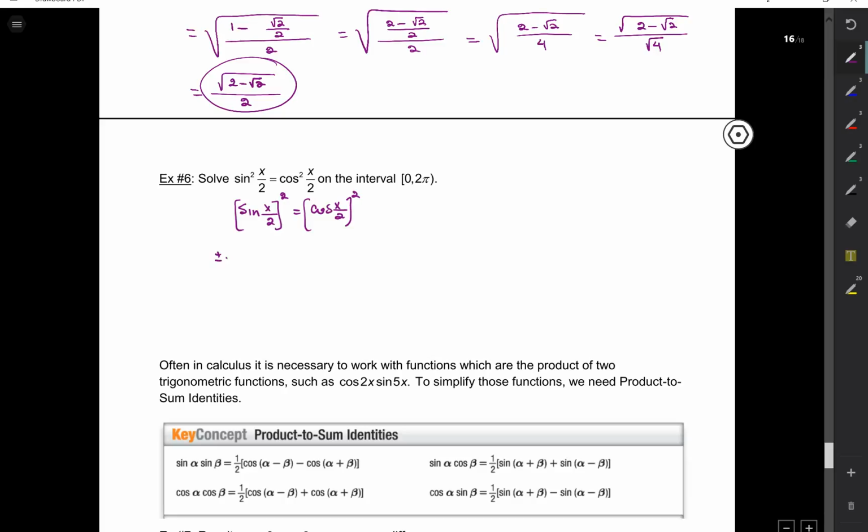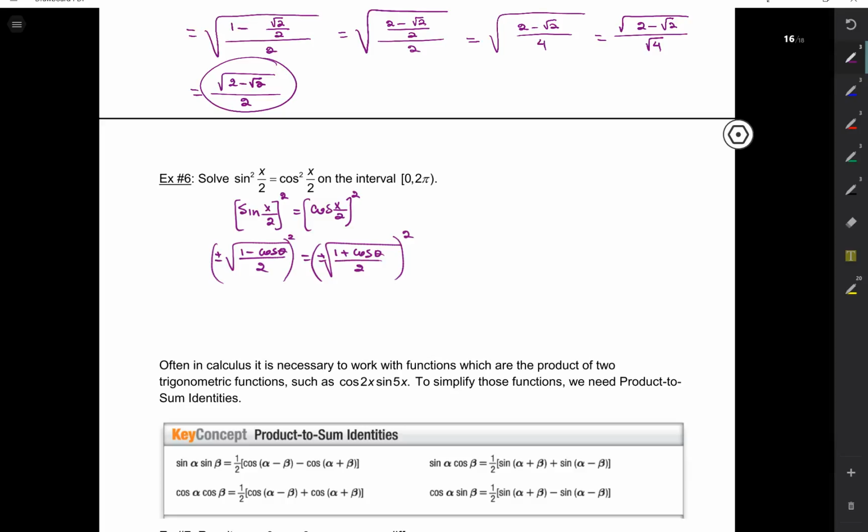So, 1 minus cosine theta over 2, squared. Can you get rid of the square root because it's squared? Yes. There are two important pieces of information here. First, I have plus or minus inside and it's being squared.